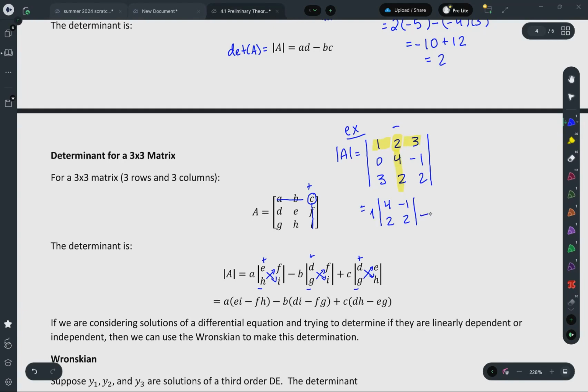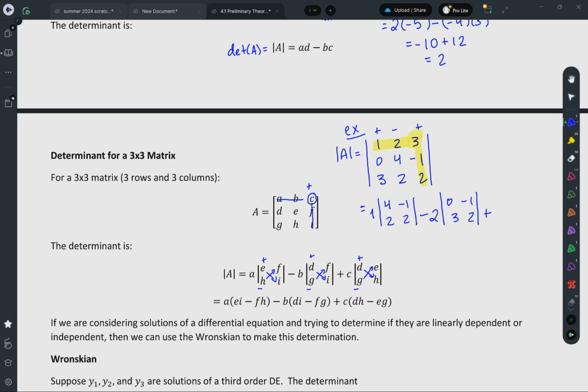Remember, I have a minus sign, so I get -2 times the 2 by 2 determinant of the remaining elements, 0, -1, 3, 2. That part's done, and so I move on to 3. Delete the row and the column that it is in, and I'm switching to a plus sign. I'll just leave my plus minus plus across the top. That's +3 times the 2 by 2 determinant of the remaining elements, 0, 4, 3, and 2.